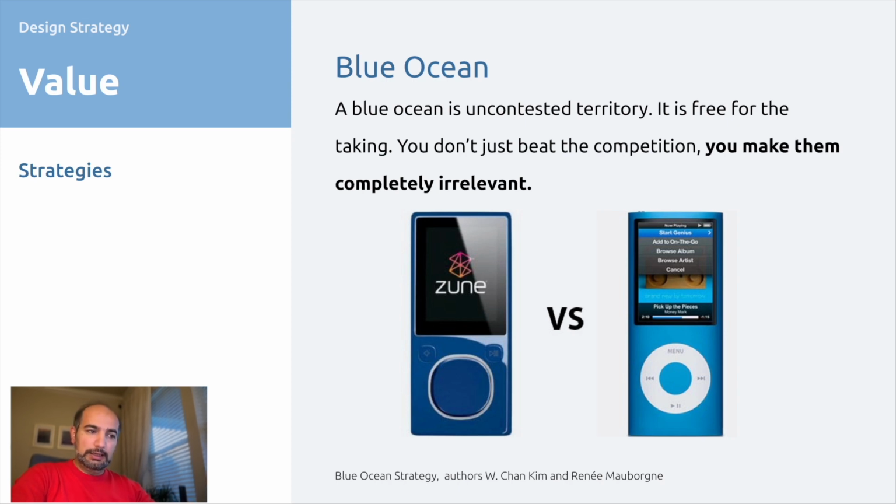The designers in Microsoft tried to create a competitor to Apple, to the iPod, and they thought, okay, we create the same design, same proportion, and all those things.